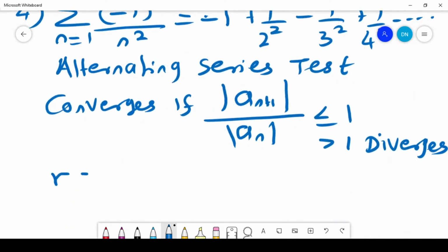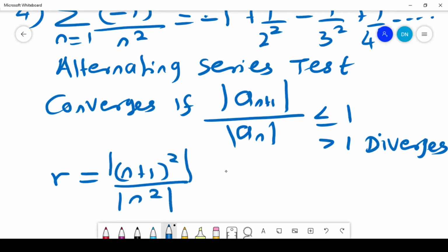If you get the absolute value, we'll definitely be left with a very simple equation. So my R will be equal to n plus 1 squared all over n squared, because the other one is a negative value. This gives me an equation of the form n squared plus 2n plus 1 all over n squared.